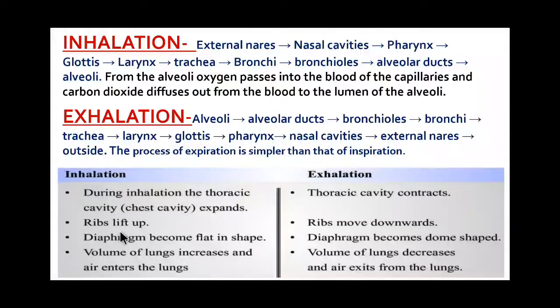In inhalation the ribs are lifted up, that is pushed outward and upward, and here they are moved downward, that is pulled inward and downward. Okay, now the diaphragm becomes flat in shape, that means it contracts, and the diaphragm becomes dome shaped, that means it regains its original position, that is it relaxes. Now the volume of lungs increases and air enters the lungs, and here the volume of lungs decreases and air exits from the lungs. Okay, so all this we studied.